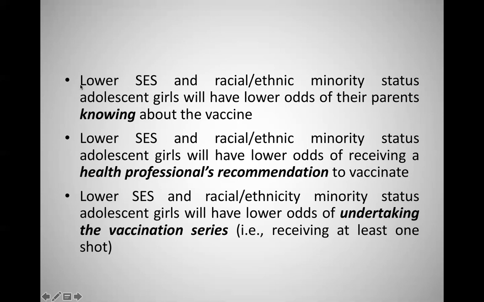So basically, what they found out is that lower SES and racial ethnic minority status adolescent girls had lower odds, their parents had lower odds of knowing about the vaccine. So the vaccine came out in 2006. And in fact, the pharmaceutical companies that developed the vaccine advertised it widely.